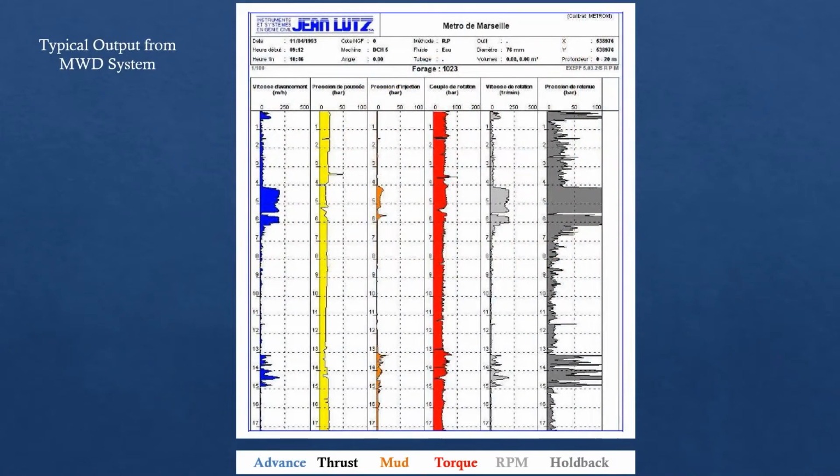This is a typical output using the software from the company that we use, Jean-Luc, they're in the south of France. So I translated here, it's in French in this case, but their software can do various languages. You have the advance rate that you record, the thrust, the mud pressure, the torque, the RPM, the rotation rate, and the hole back pressure.